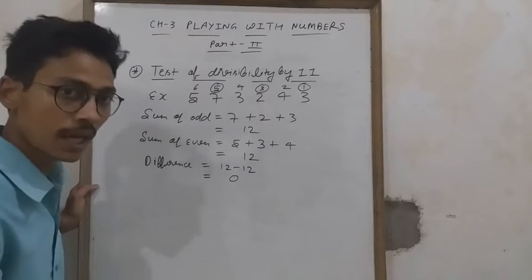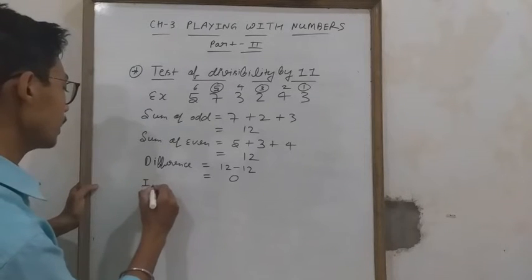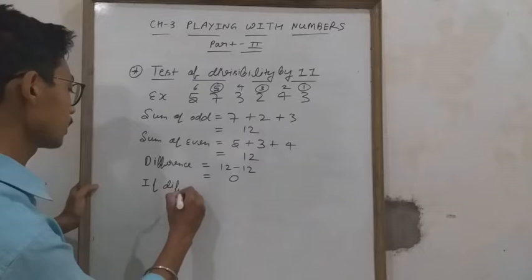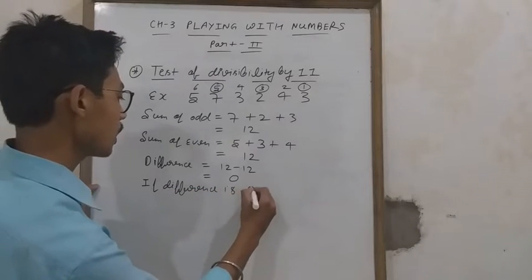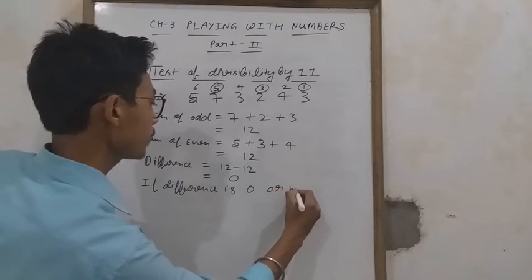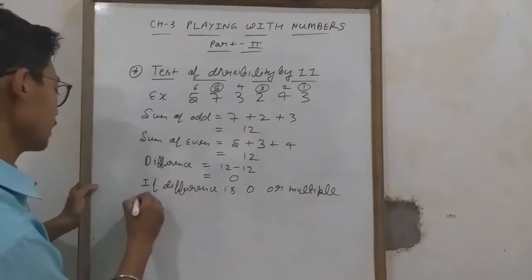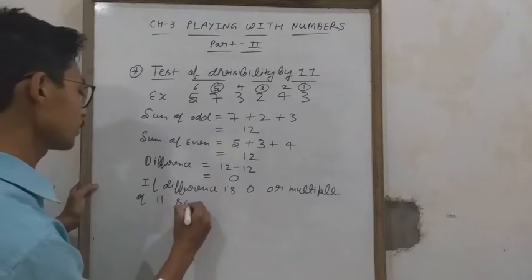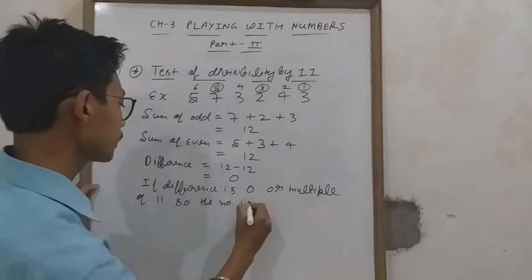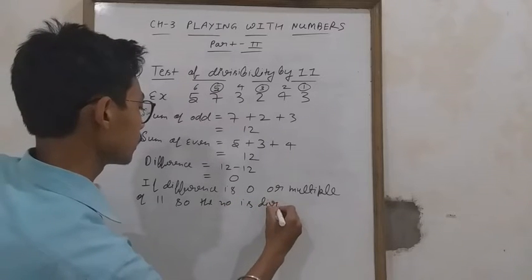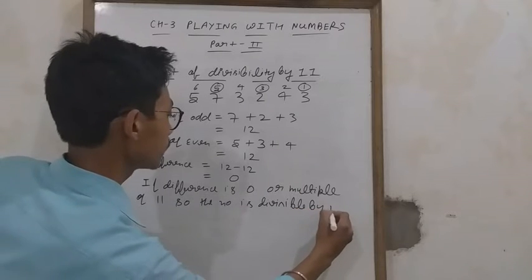Okay, students. What is the actual test of divisibility of 11? If the difference is 0 or a multiple of 11, then the number is divisible by 11.